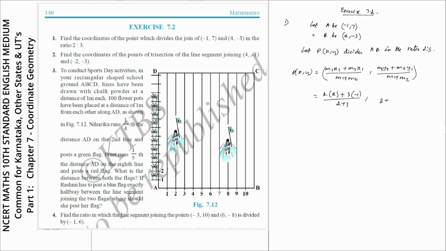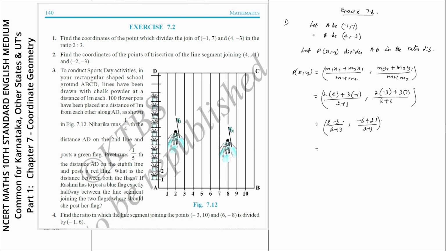So here 2 plus 3, then m1 is 2, and y2 is minus 3, and plus m2 is 3, and y1 is 7. Okay, so I'll get 2 4s are 8 and 3 1s are 3, so minus 3. So 2 plus 3 comma 2 3s are 6, minus 6, 3 7s are 21, plus 21 divided by 2 plus 3.